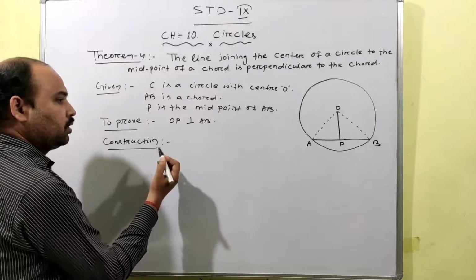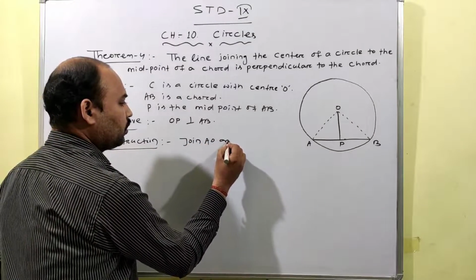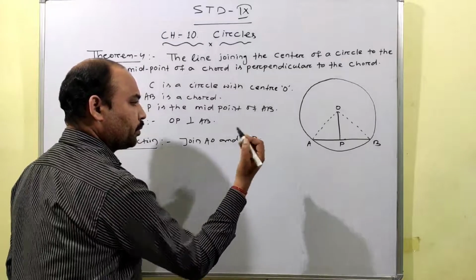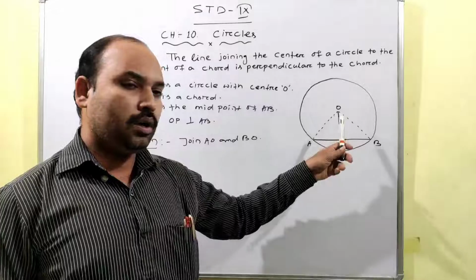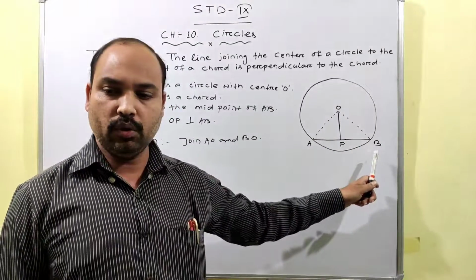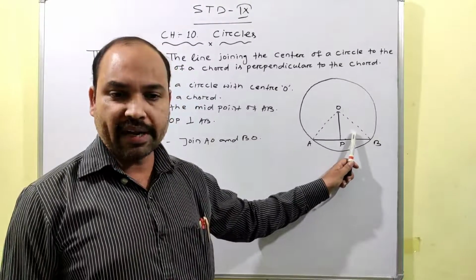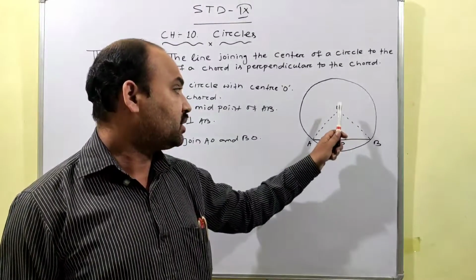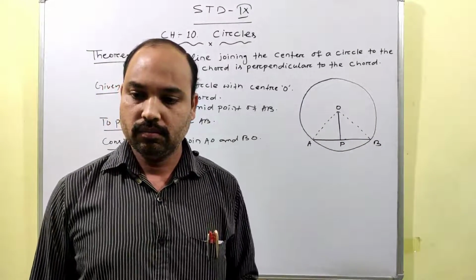Construction: join AO and BO. Now see, in your figure, when we join AO and BO, the radii of the circle, we get two triangles inside the circle. They are triangle AOP and triangle BOP.